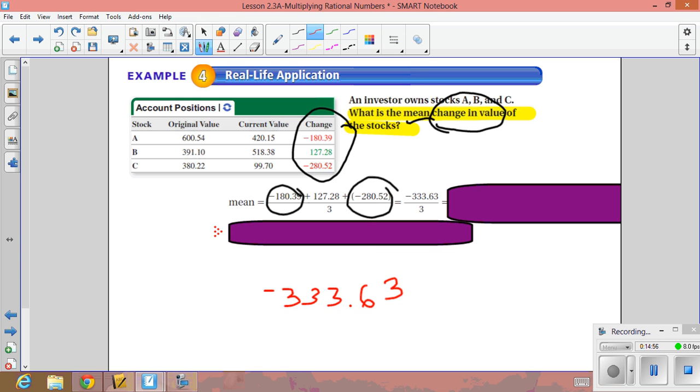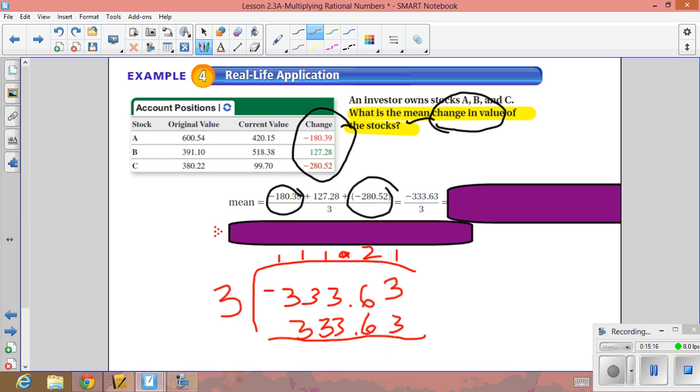And hopefully you are all saying by 3. 3 goes into 3 once, 3 goes into 3 once, 3 goes into 3 once. Bring the decimal point straight up. 3 goes into 6 twice, 3 goes into 3 once, so I have absolutely no remainder left over.